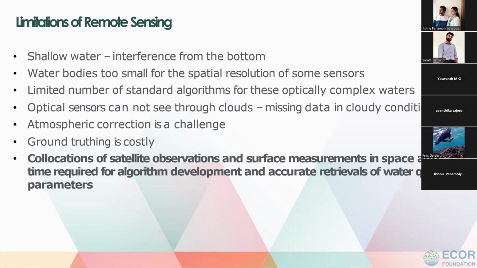And ground truthing is still needed, for validating any study that uses satellite remote sensing data. So remote sensing does not replace field work, but it makes the field work more efficient by adding the holistic view.